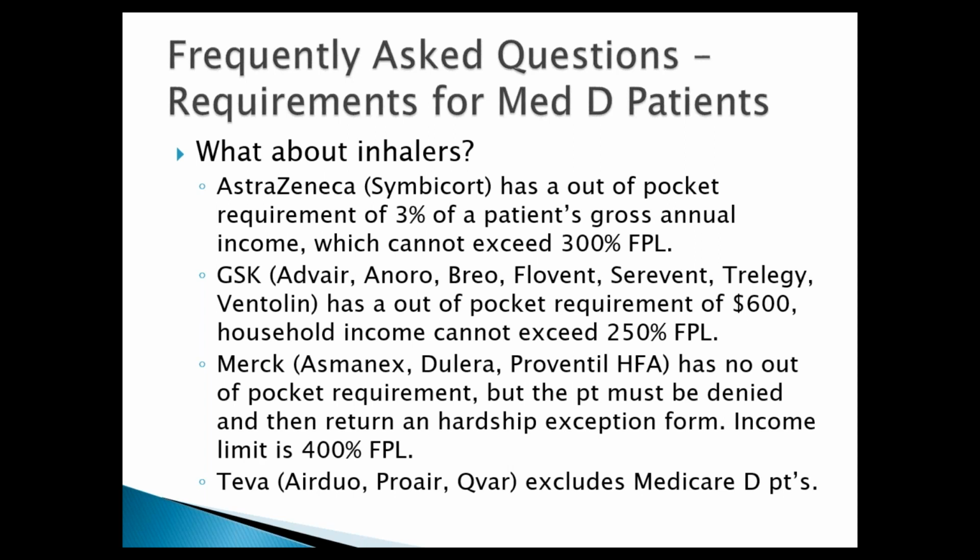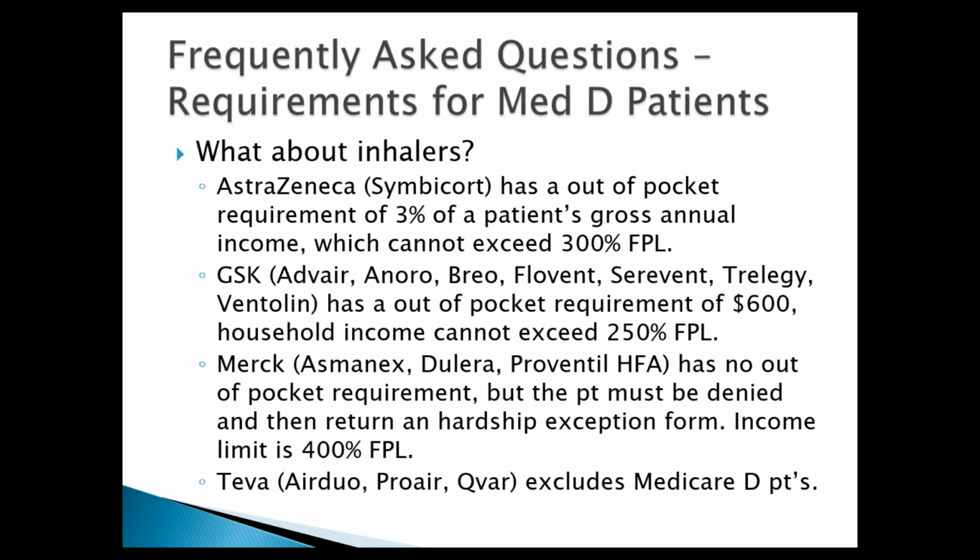However, they do require that the patient apply and be denied, and then they'll send them a form that they have to complete to resubmit to the company in order to get the medication. So it's a bit of a two-step process. And I make sure that when I'm helping people with this, they're aware of that, and I tell them when they get that form, give me a call back.